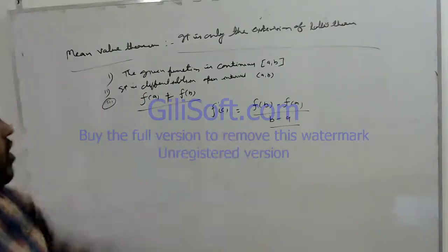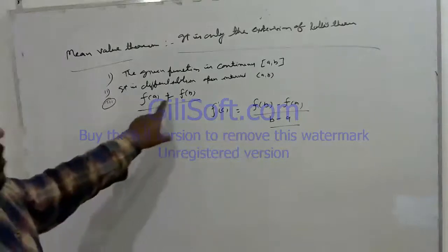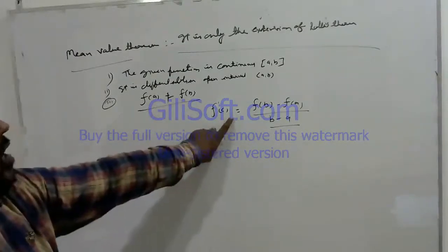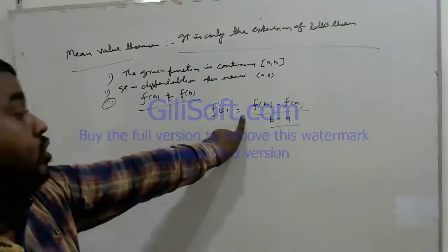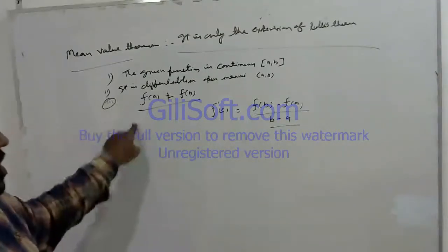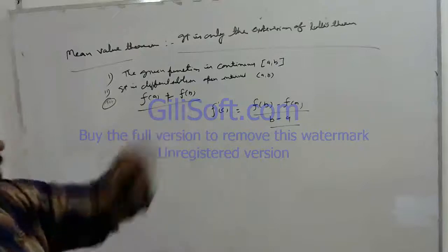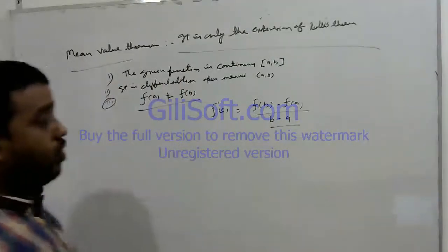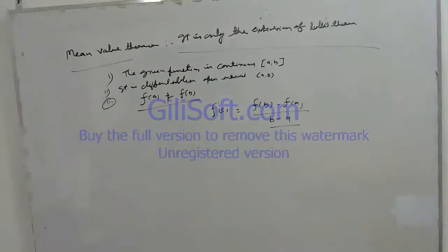In the first case, if f a is equal to f b, then in Rolle's theorem we get f dash c is equal to 0. But in this case, since f a is not equal to f b, then we have to write here f dash c is equal to f b minus f a by b minus a.